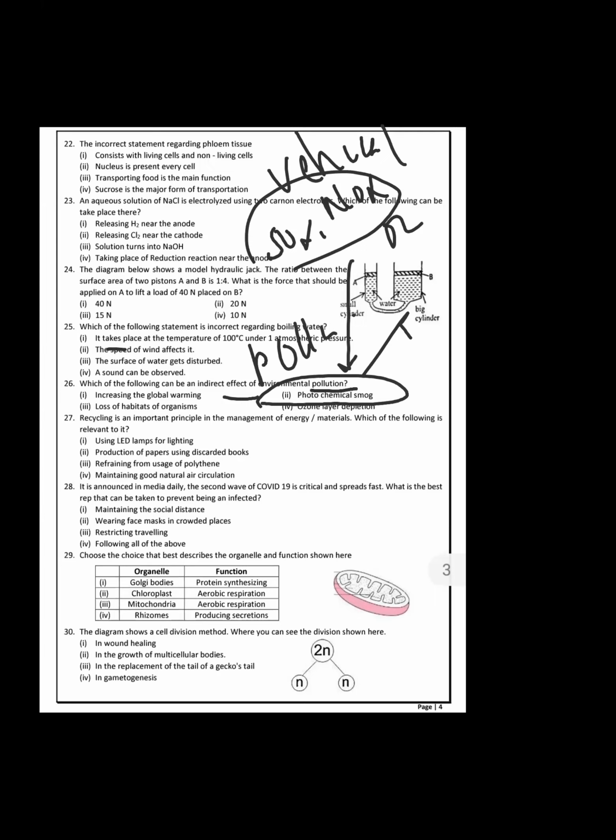27. Recycling is an important principle in the management of energy and materials. Which of the following is relevant usage? Yeah, when we consider ozone layer depletion, this is the sun.